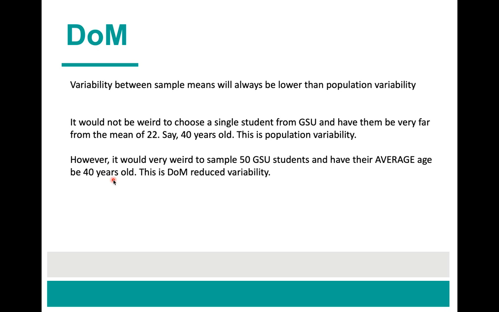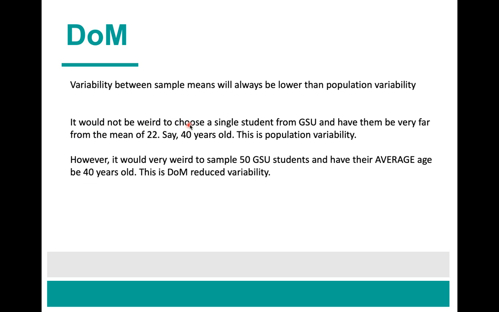So when we sample, we reduce variability. We call this the distribution of means, the DOM. The distribution of sampling means always has reduced variability over the population, because it would be crazy to randomly sample 50 Georgia State students and for their average to be 40 years old.